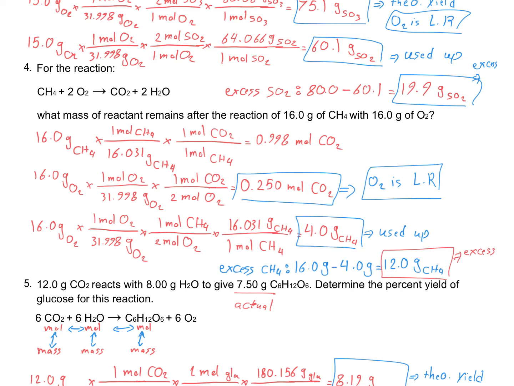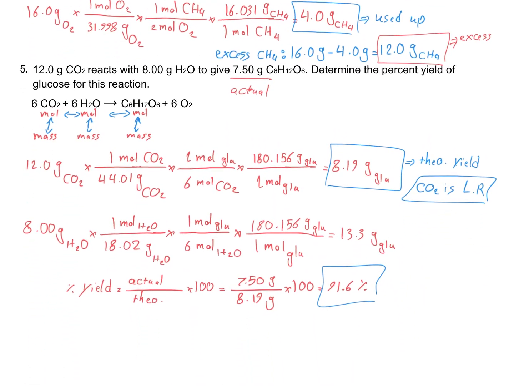Okay, the next question. So again, we have a chemical reaction, 12 gram of CO2 and 8 gram of water. These two make 7.5 gram of glucose. So we want to find the percent yield.